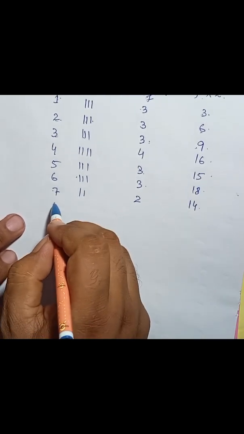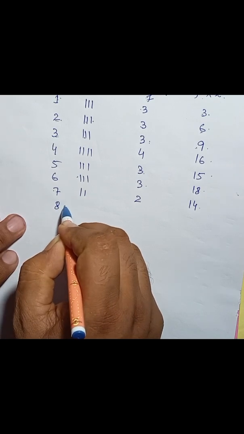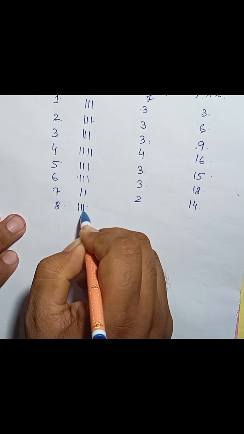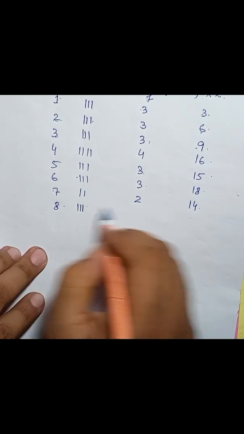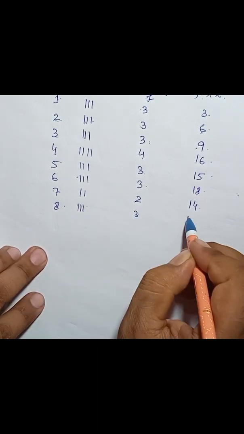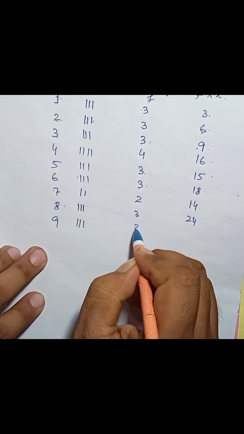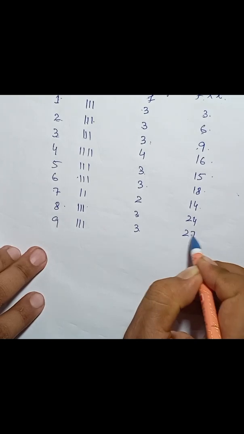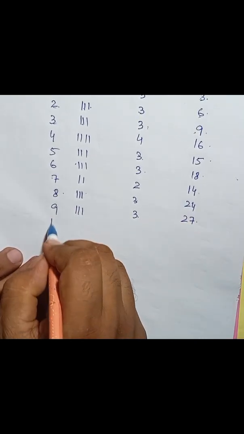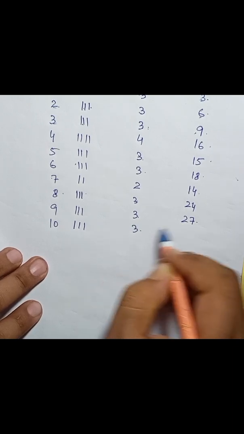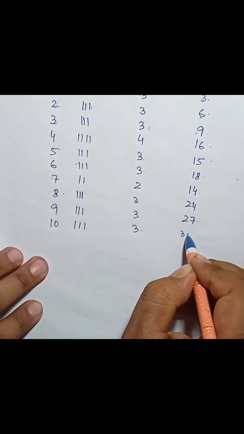Next is 8, and 8 exists 3 times, so I will draw 3 tally marks. Here I will write 3, and 3 eights are 24. Then 9 also exists 3 times. I will write 3 here, and 9 threes are 27. Then 10 also exists 3 times. I will write 3 here, and 3 tens are 30.